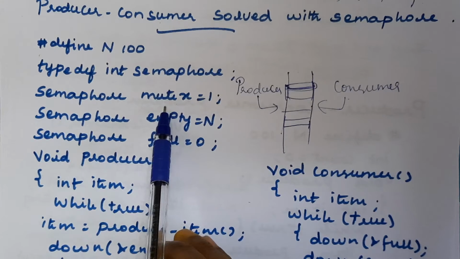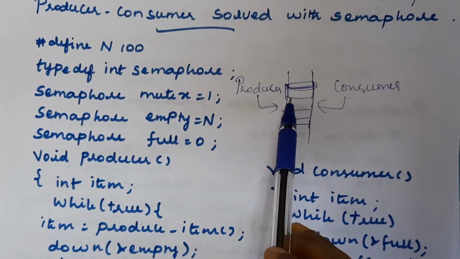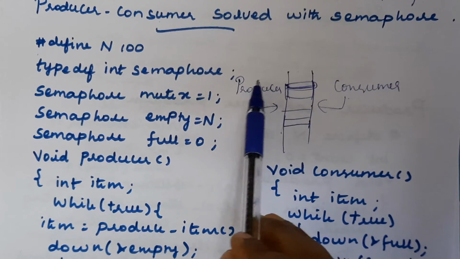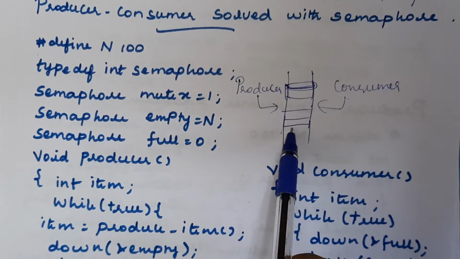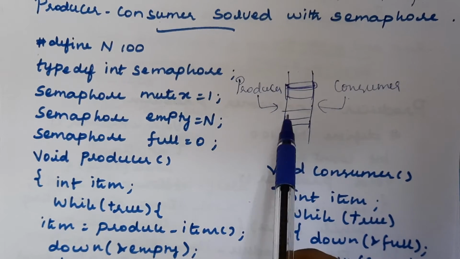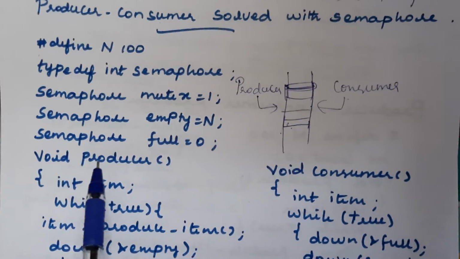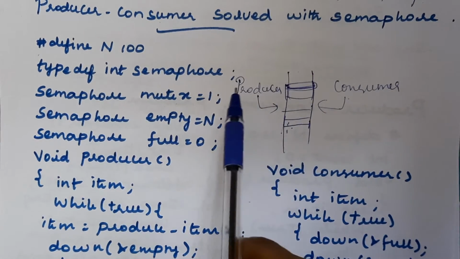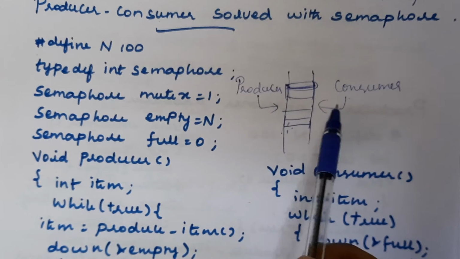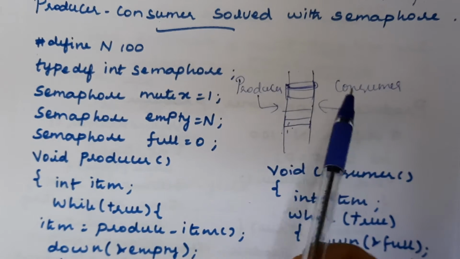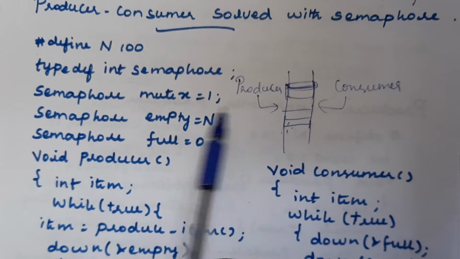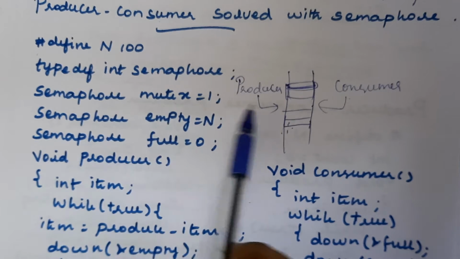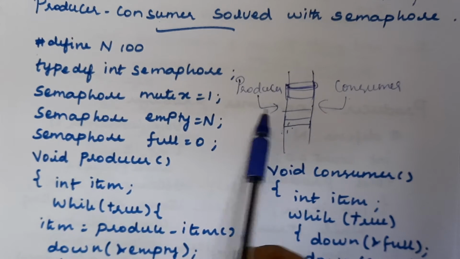We need to satisfy the mutual exclusion condition because both processes access the common shared buffer. That is the common data structure, and it could be accessed by two processes, but it should not be accessed at the same time. So we should satisfy that condition, mutual exclusion.